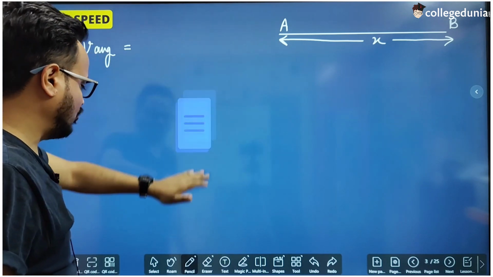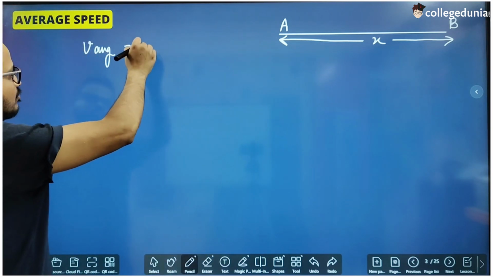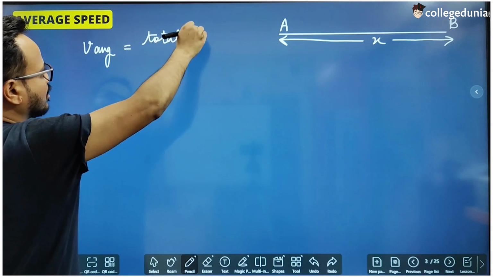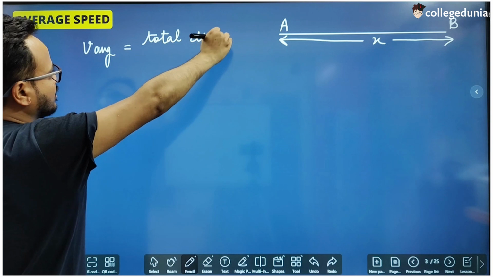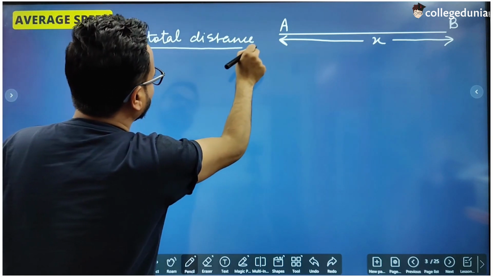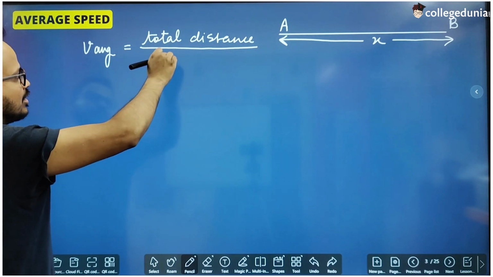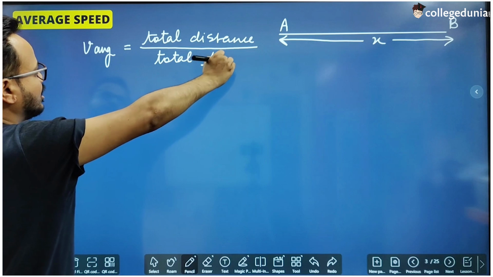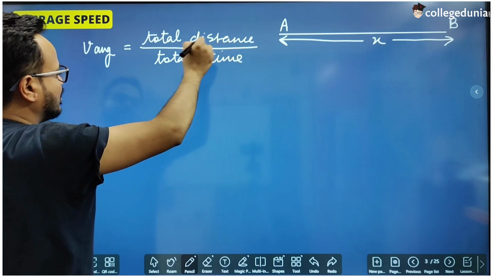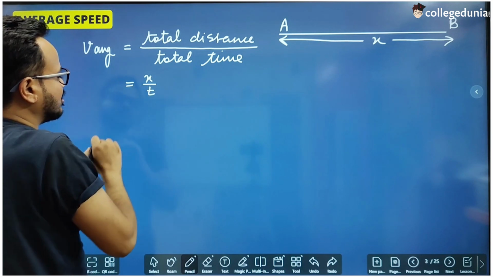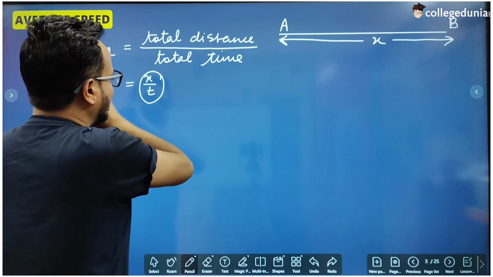First we will write it as a formula: total distance traveled divided by total time taken. So the total distance is x and the total time is t. So average speed is x by t.